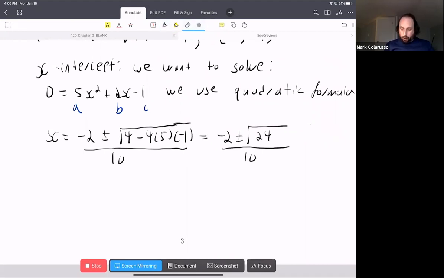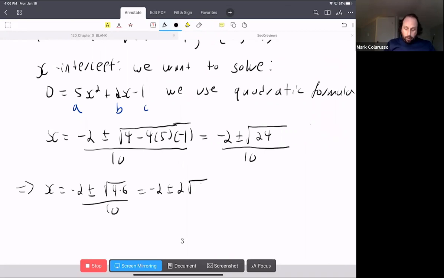Going to this next line, x is equal to minus 2 plus or minus the square root of 24, and 24 is 4 times 6. So you can move the 4 out of the square root and it becomes a 2, and you get minus 2 plus or minus 2 root 6, divided by 10.